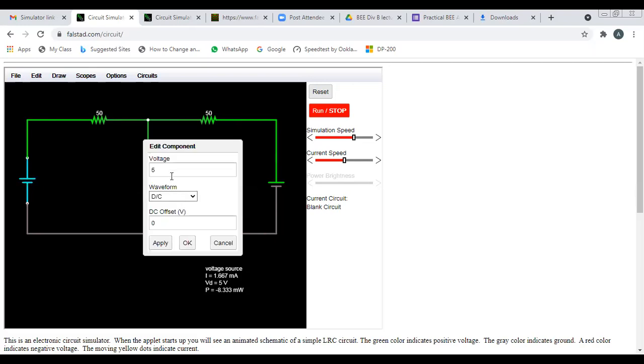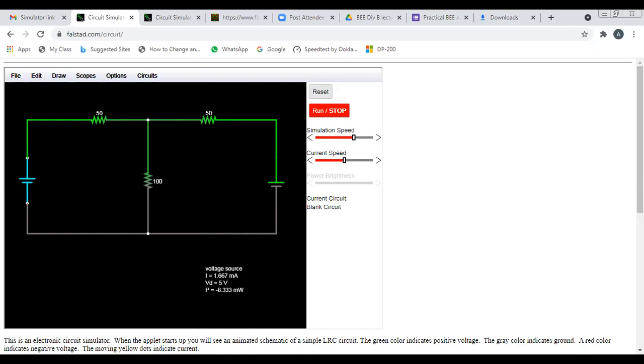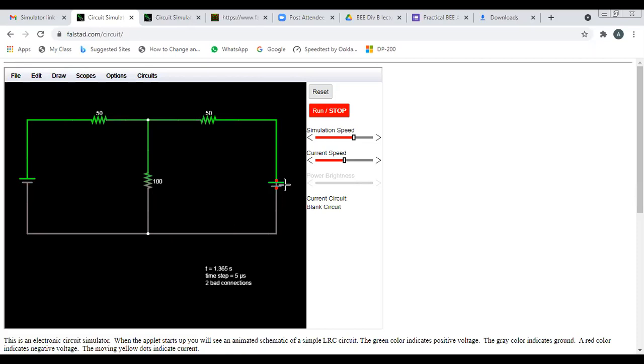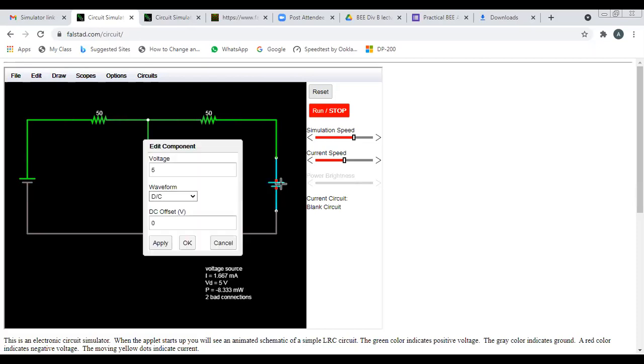What about E1? How much is E1? 20 volt. Okay, and what about E2? 10 volt. Okay, I'll set it 10 volt.